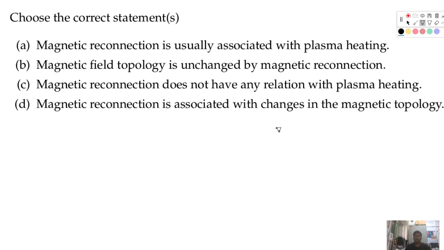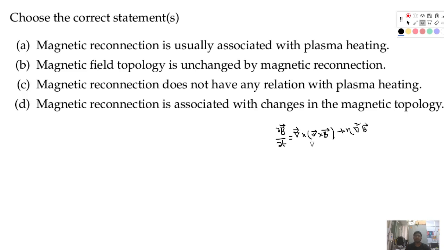So if we recall our magnetic induction equation, which is del B by del t equals curl of (v cross B) plus eta grad squared B, right? So this is your magnetic induction equation.